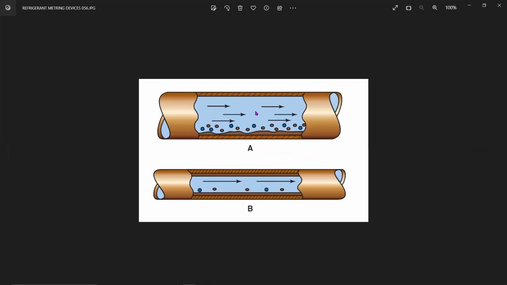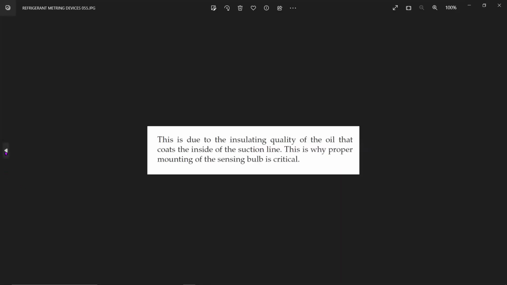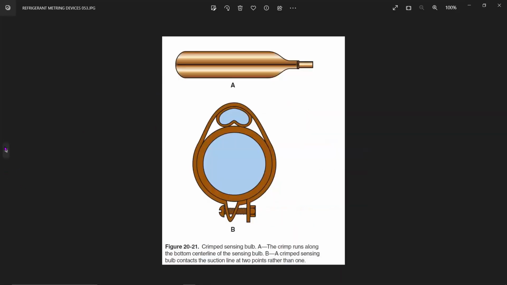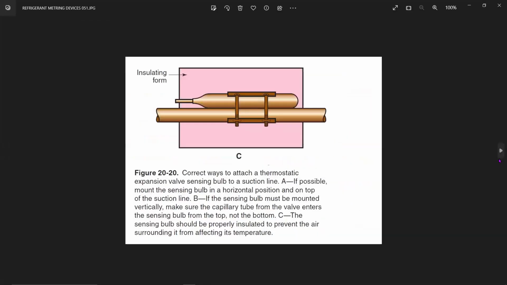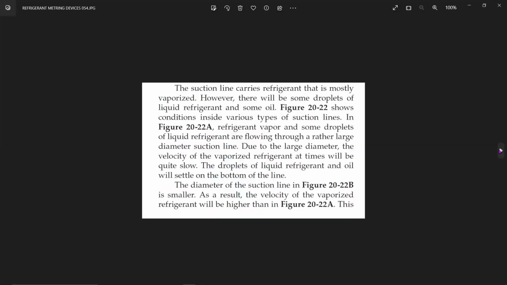Small diameter and large diameter. If it is small diameter, the oil will coat both the top and bottom sides, slowly. But if it is large diameter, the oil will settle at the bottom, and oil will basically be an insulator, and that is why you are always having the bulb on top, not on the bottom of it. Okay, that is one question asked: why are you always having this bulb on top of the line? The ideal answer is, basically, you always put it on top because you don't want the oil to go and insulate.